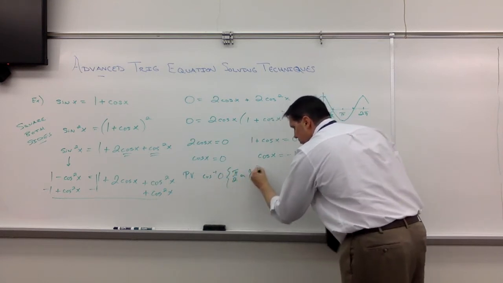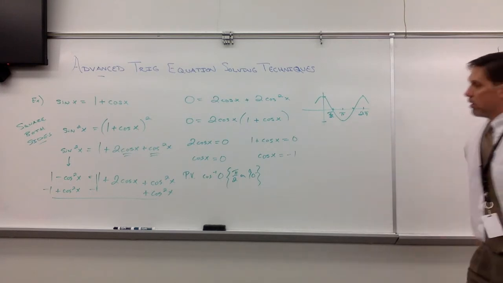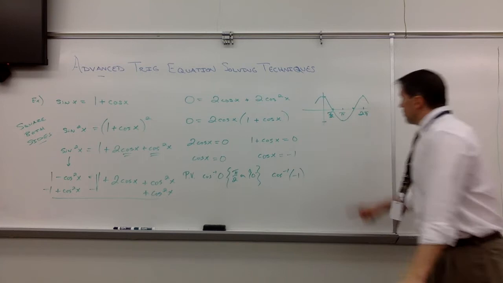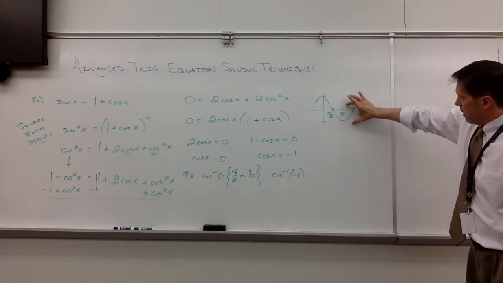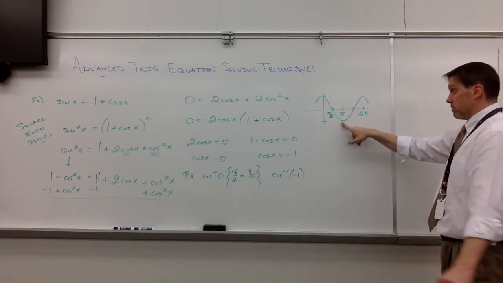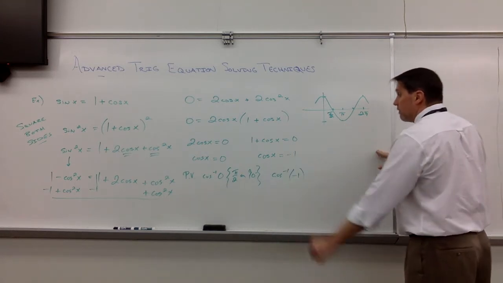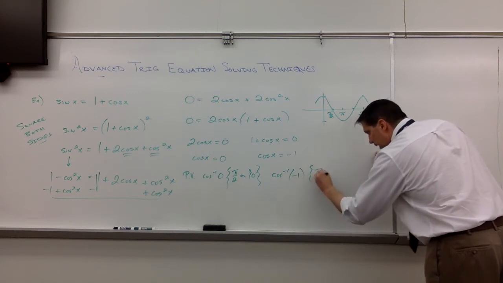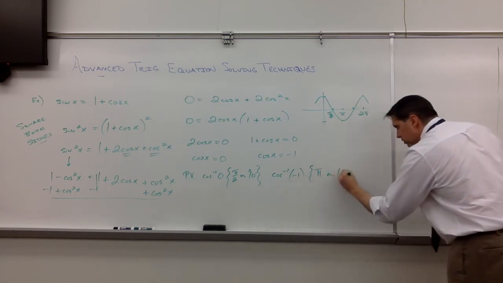Just stay fluent in both languages. Right, here, cosine inverse of -1. Between 0 and pi, including pi, and we do have to include pi, that's going to be our value there. The cosine inverse of -1 is pi, or 180 degrees.